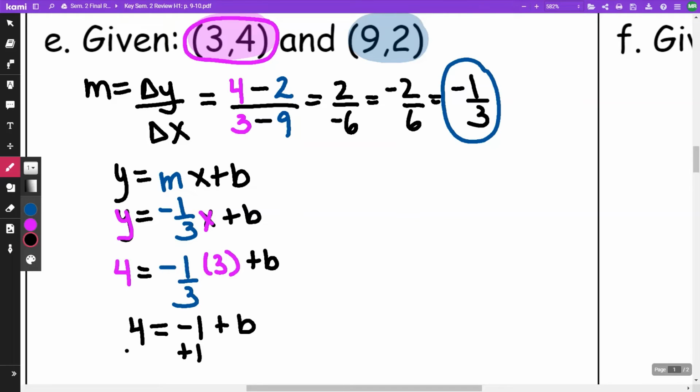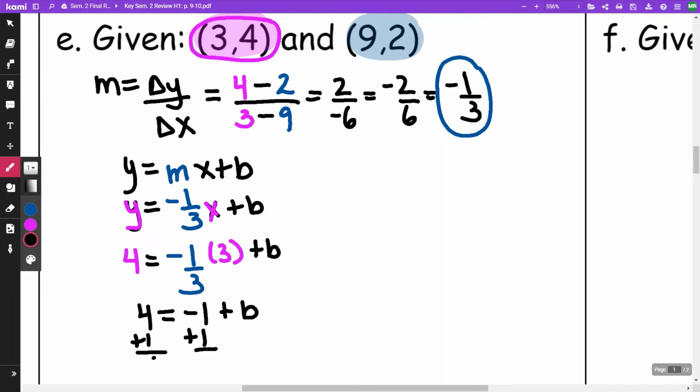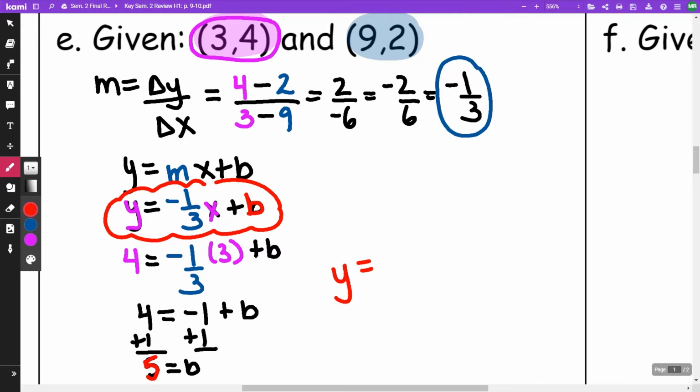I'm going to add 1 to both sides, and I am going to end up with 5 is equal to b. So now, into this equation, in place of my b, I am going to put 5. So I'm going to get y is equal to -1/3 x plus 5. And that's our equation.